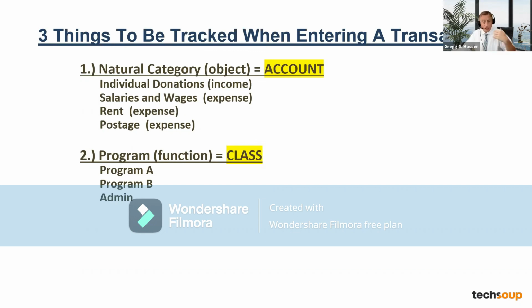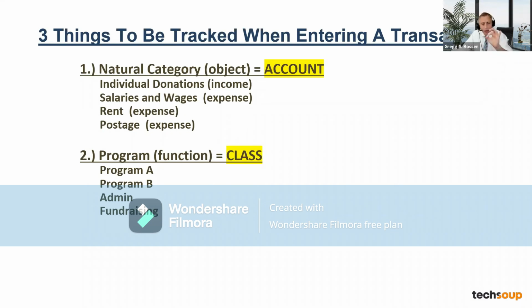And then if it's just the cost of raising more money, like maybe the part of the fund development director's salary that goes towards when she's out there raising money, she spends 40% of her time on it, so 40% of her salary should go to fundraising. That's the function. I need both of these pieces of information.